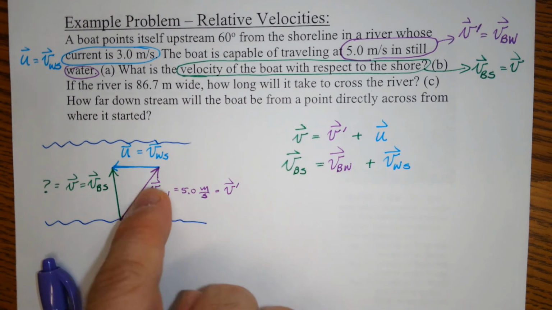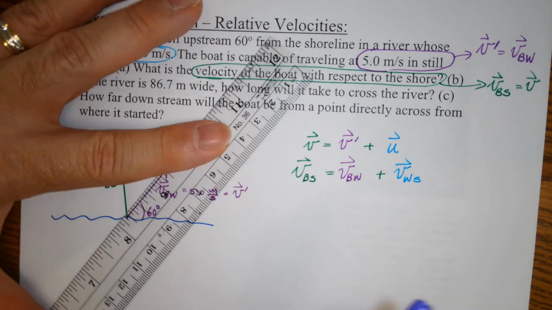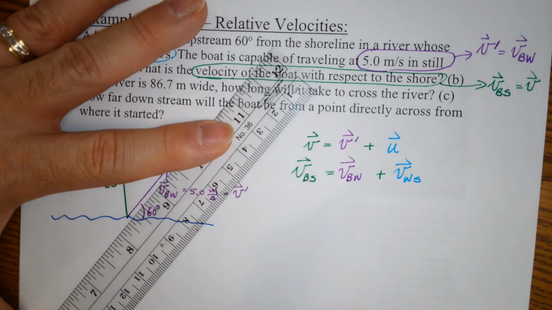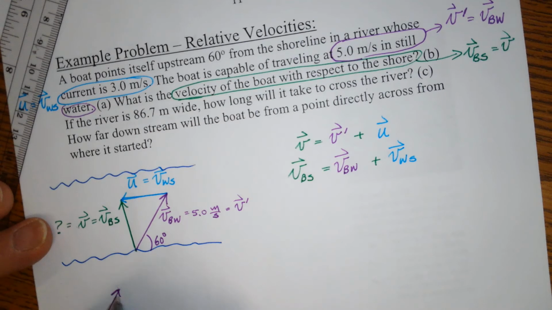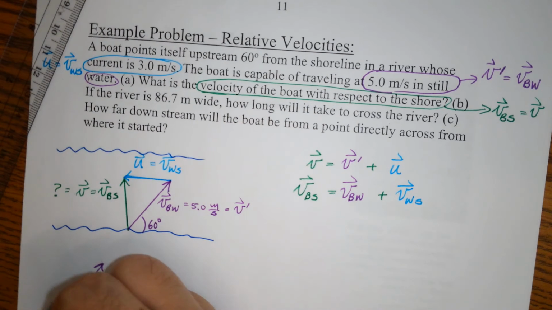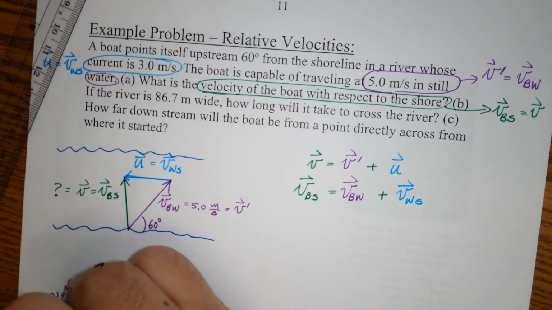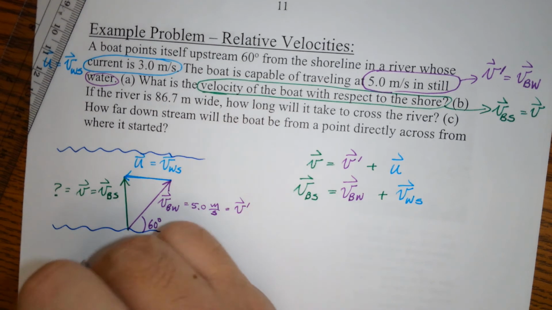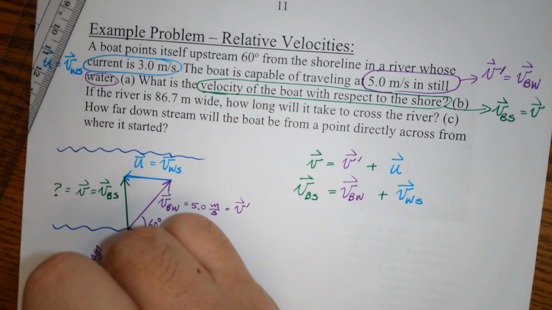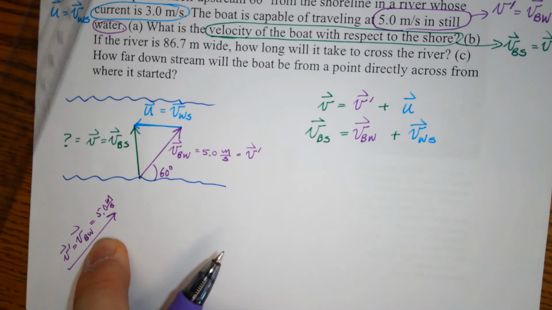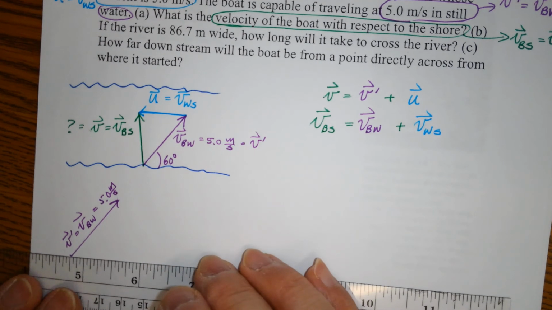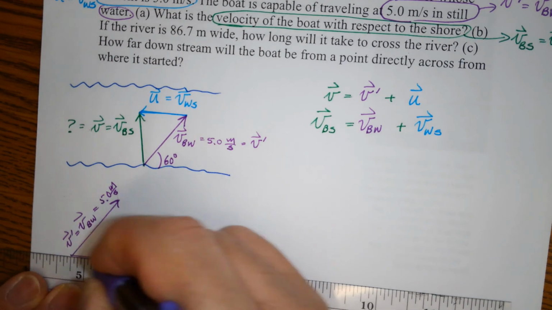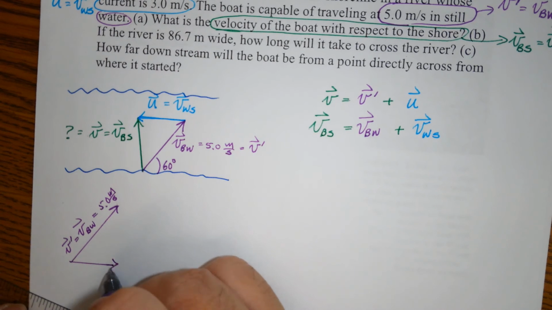So let's draw this purple vector out, okay? If we were to draw this purple vector, which is V prime, and this V prime, which is VBW, is equal to 5 meters per second. This will have horizontal and vertical components.